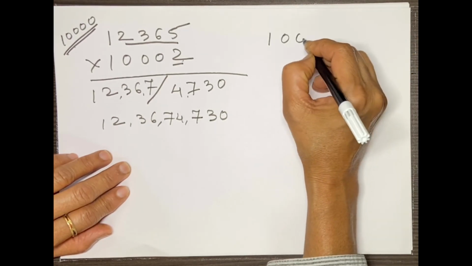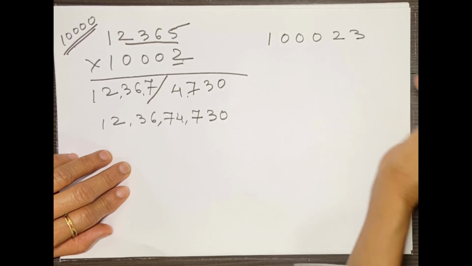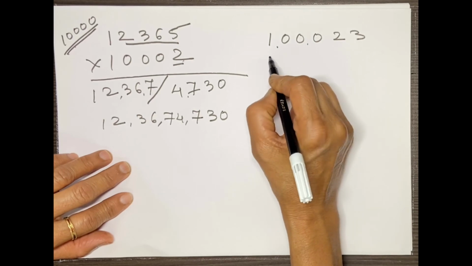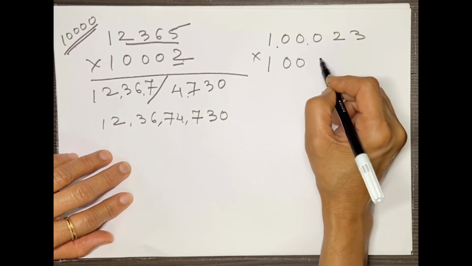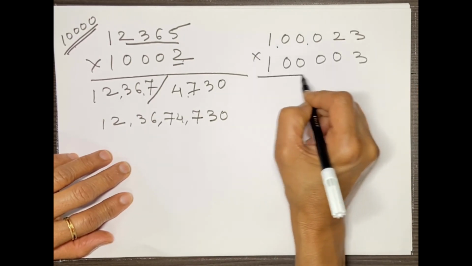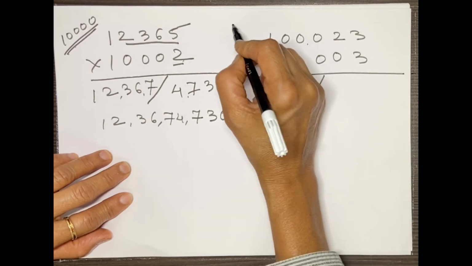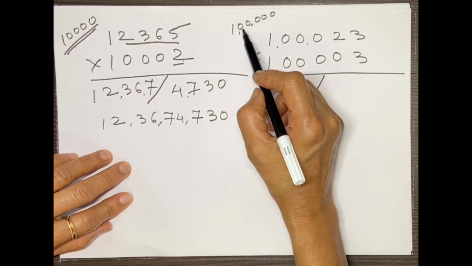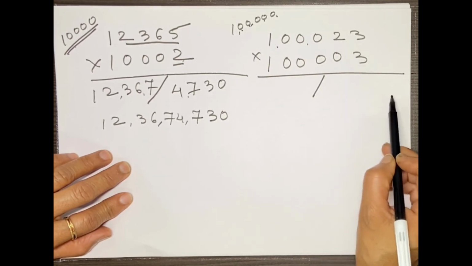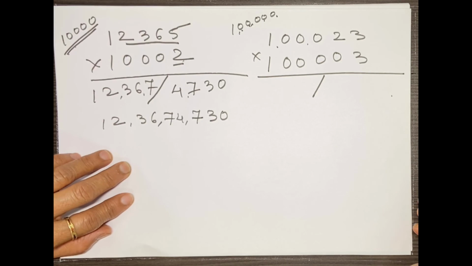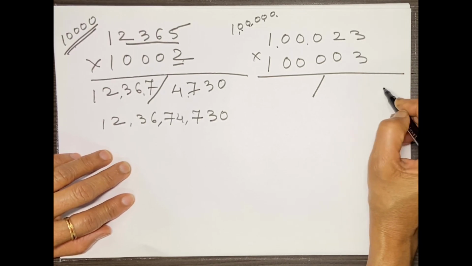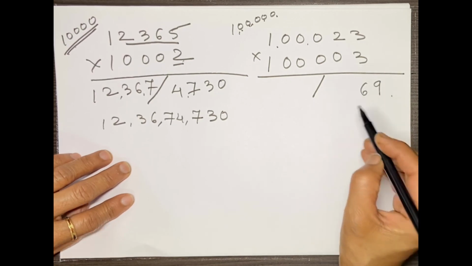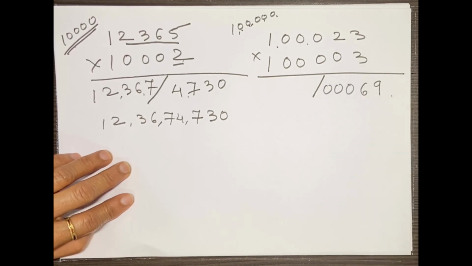Now some more examples. 1,23,000 into 1,03,000. Again both the numbers are near to 1 lakh. As 1 lakh carries 5 zeros, our right hand side will be 5 digits. So 23 threes are 69, but as our right hand side should be 5 digits, I will add 3 zeros.